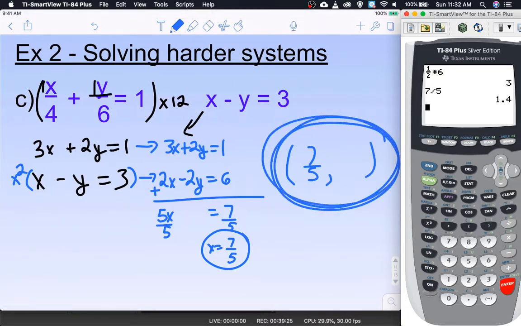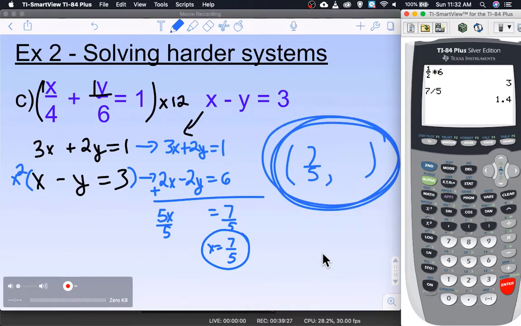To find my y value, I am going to plug in 7/5 into one of my x's and y's. I'm going to use this one here, but it's also down here, so I've got space to work it here. So 7/5 minus y equals 3.